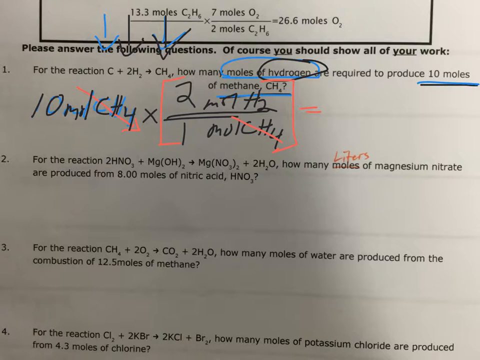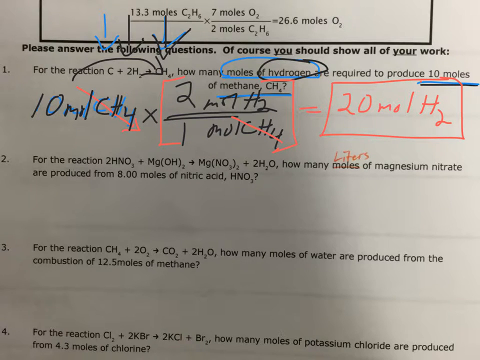Very good. So you're going to do 10 times the 2, which is 20, and divide it by 1. What is my moles of hydrogen? Yep, 20 moles of hydrogen. And that's it. Remember, this is stuff we did in the past already. Right? Okay, are we good?